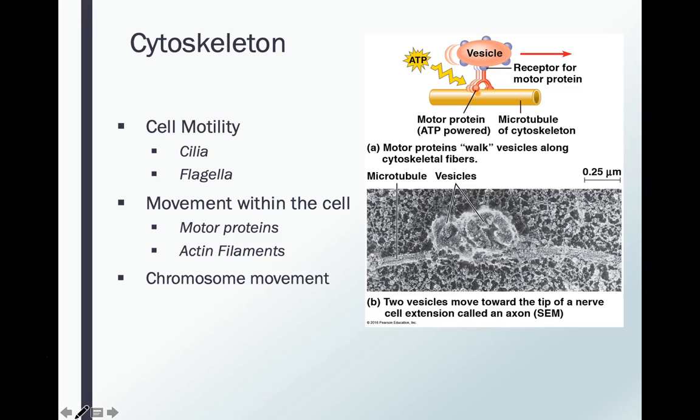The cytoskeleton serves as a track for moving things around inside the cell, but it can also serve as a mechanism of moving the cell as a whole. So there are two ways in which cells can move. One is using cilia. Cilia are like small hairs around the outside of the cell, and they beat together.